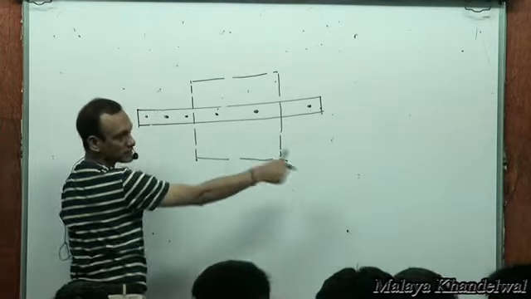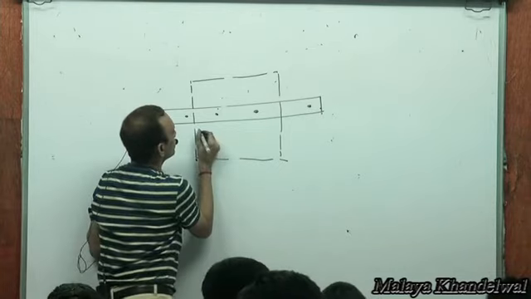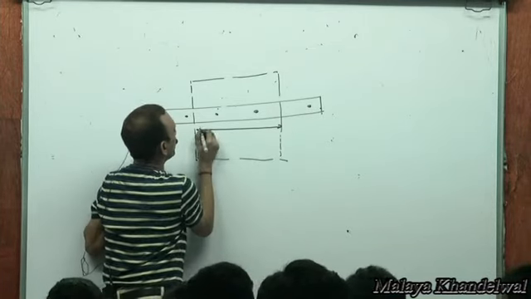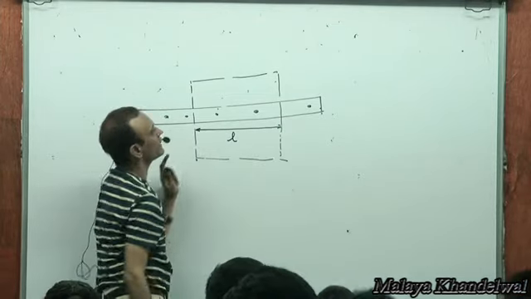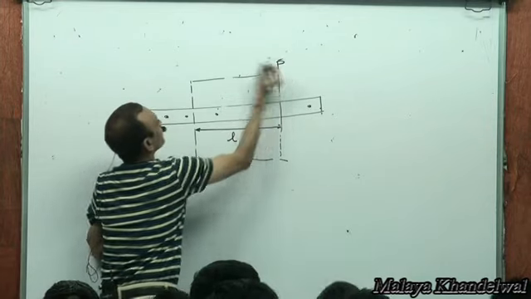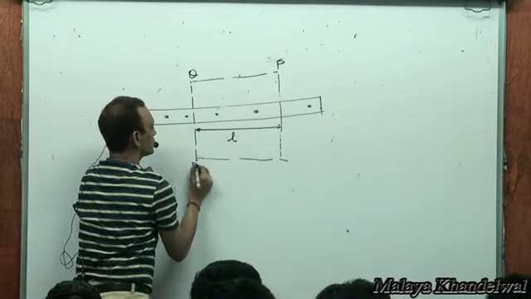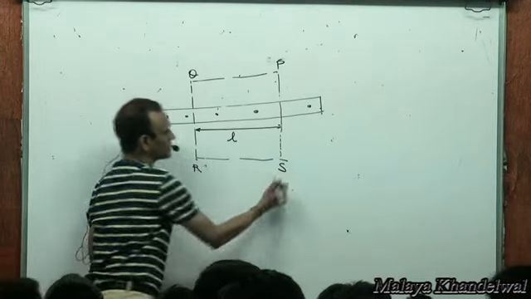I take a loop like this, say of length L. Let me take a loop of say width L, right? And I circulate the loop this way. This is my loop.